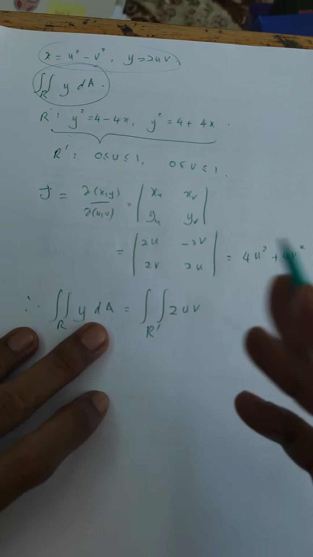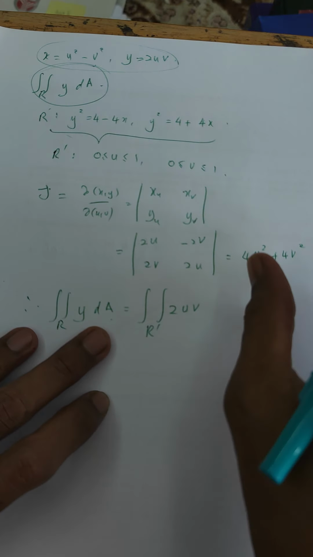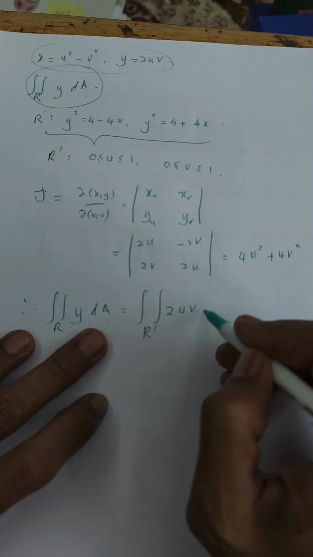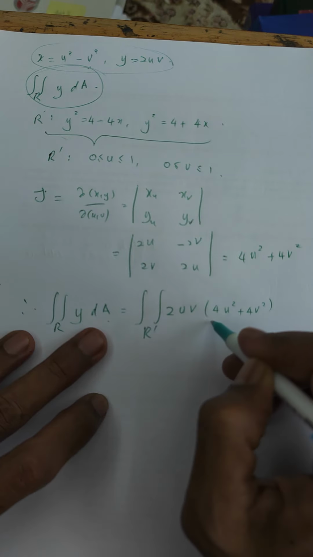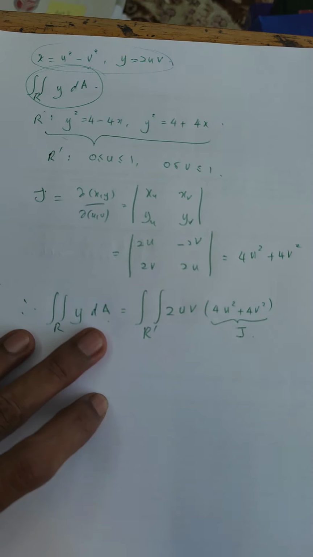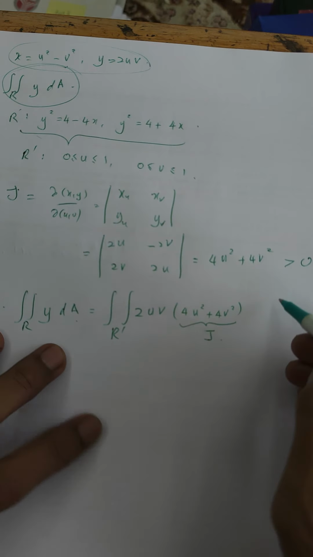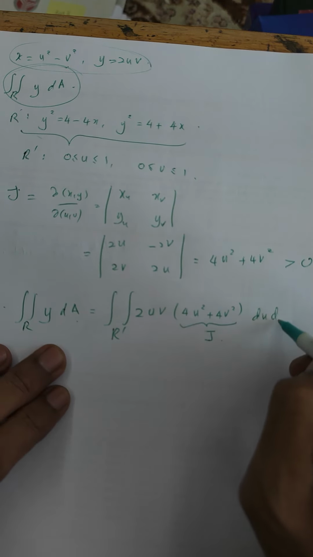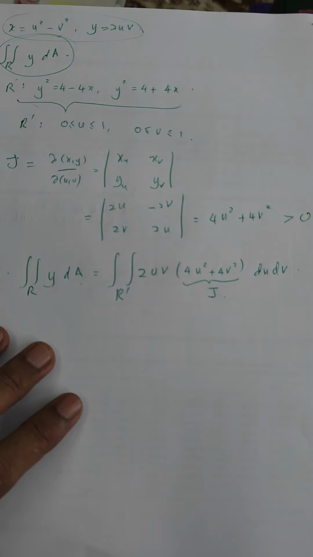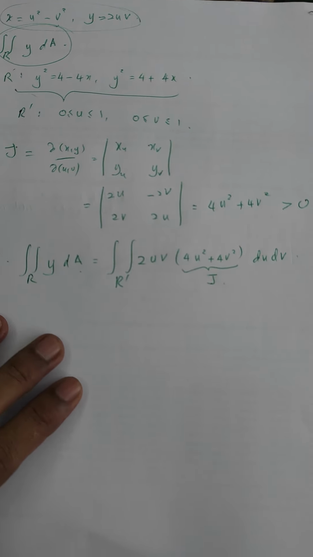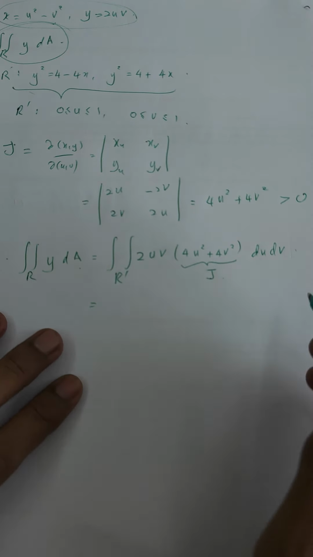And our dA, which is dx dy, becomes the Jacobian, 4u squared plus 4v squared, times du dv. That's all. So that makes our life much easier.